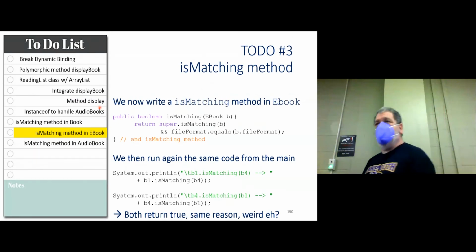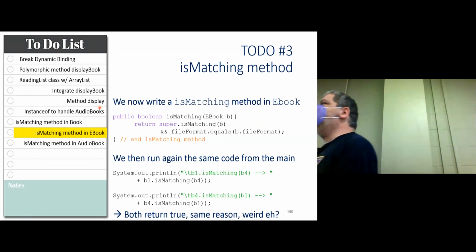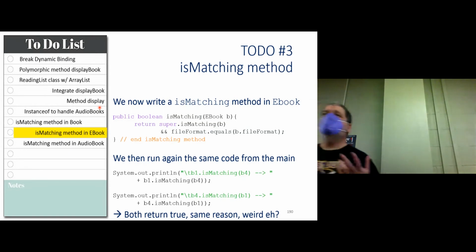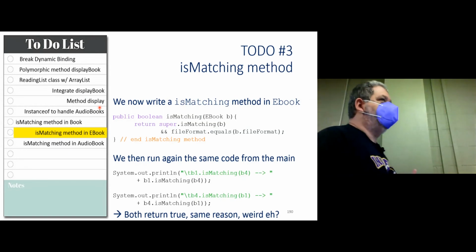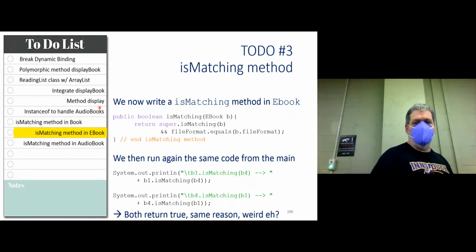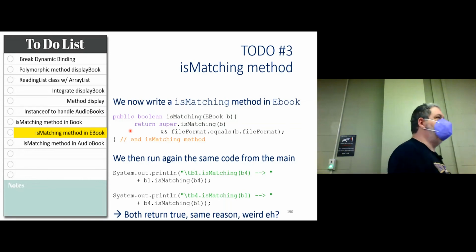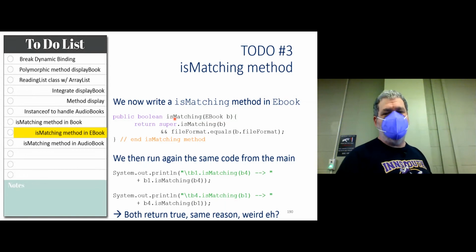So let's take a look together, and then we're going to run the same test that we ran with the previous version. So, the code first. It's even shorter than the previous one. So I write a public Boolean isMatching method. This is going to be inside the ebook class, like the instruction said.